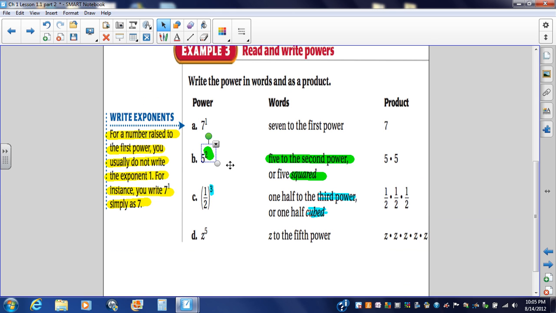Any exponent to the second power, we can call squared. So if you see a little exponent of 2, we can call that squared. Any exponent to the third power, we call cubed.